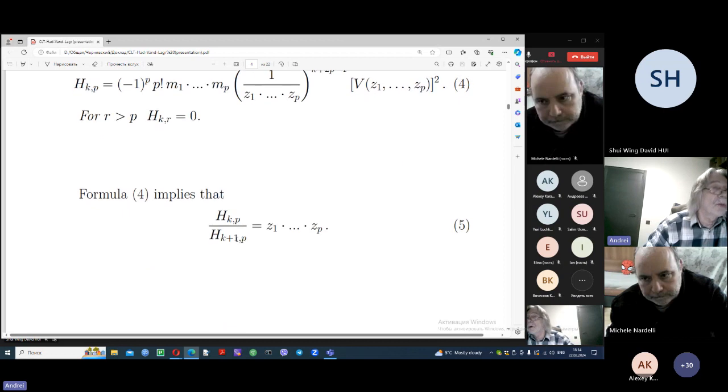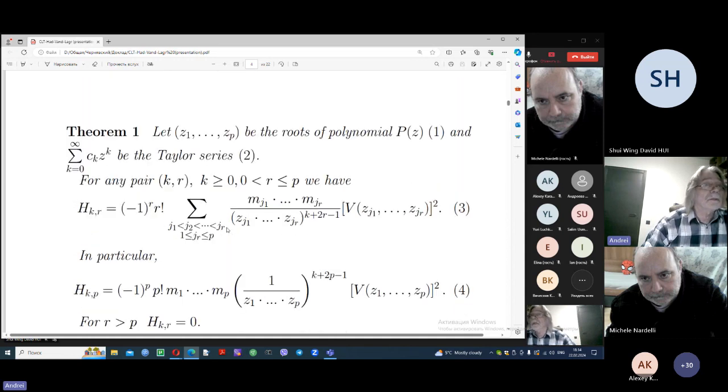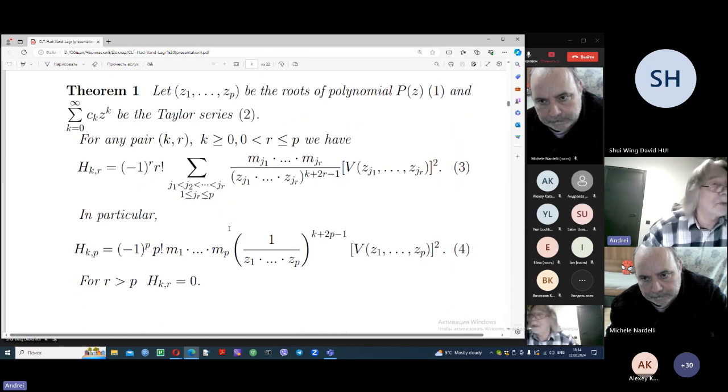And moreover, we can calculate the product of them by means of this formula.